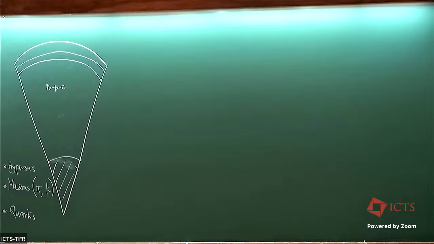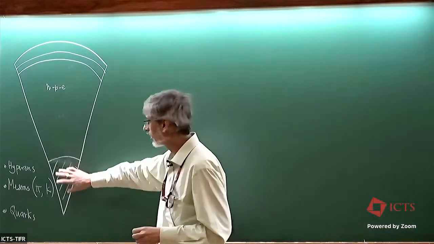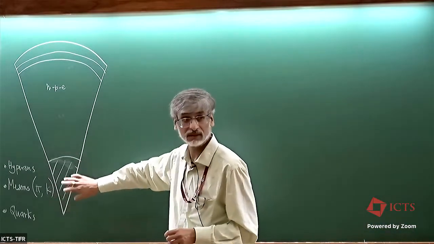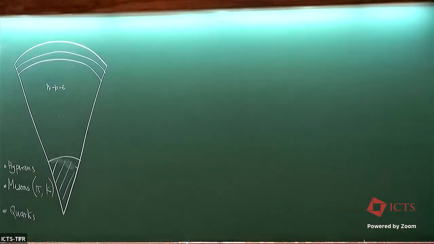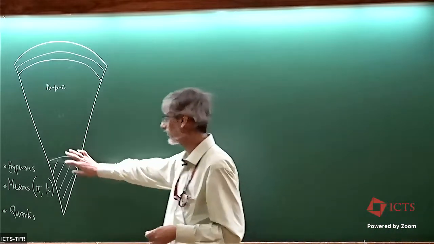Okay? Now the rate at which this cooling occurs is also dependent on the kind of exotic matter that is present. So it's not a completely independent quantity. So if you are able to track how a neutron star is cooling as a function of time, even that will fetch you some constraints on the equation of state in the interior.